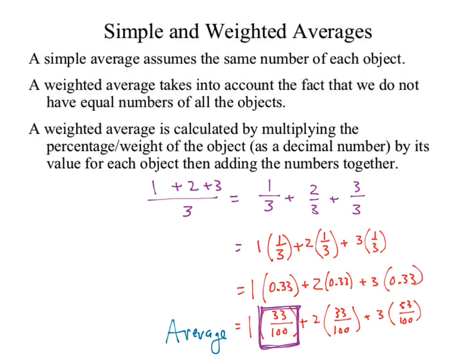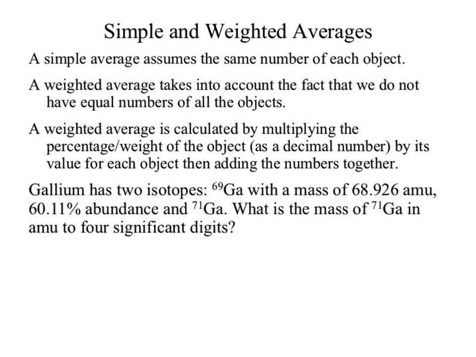So let's take a look. We got that formula roughly ballpark nailed down. Ballpark. It doesn't have to be somewhere in left field. In the ballpark, that's all we needed. Gallium has two isotopes. Gallium-69 with a mass of 68.926 AMUs.